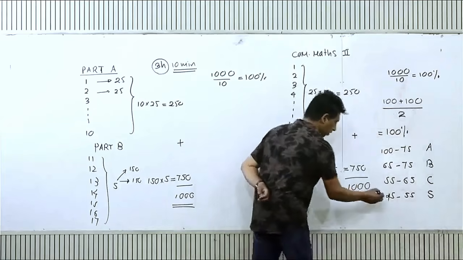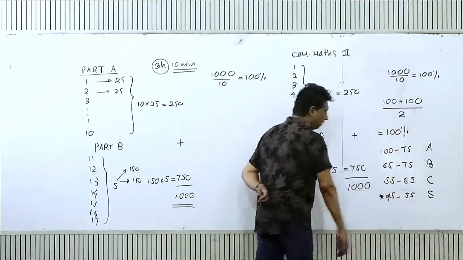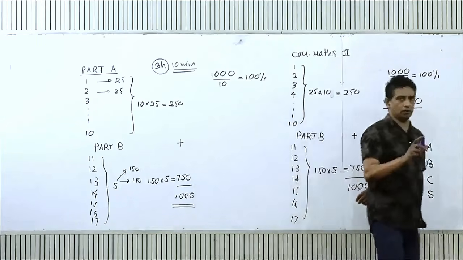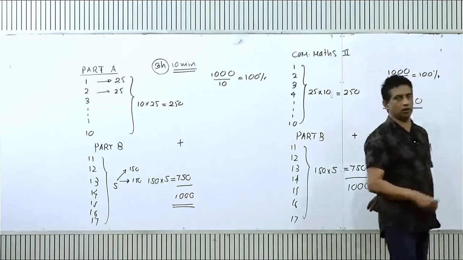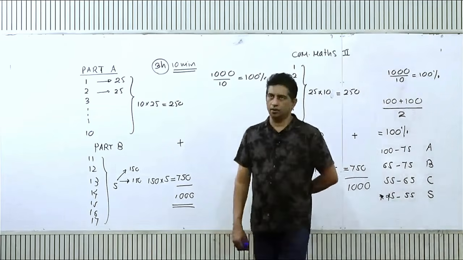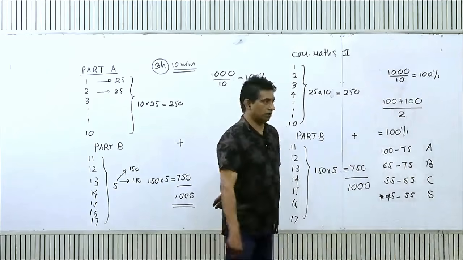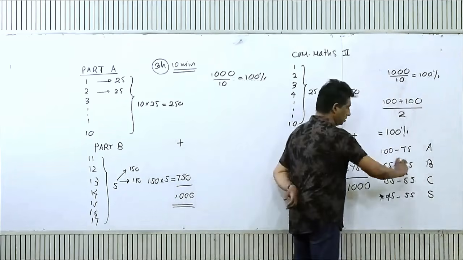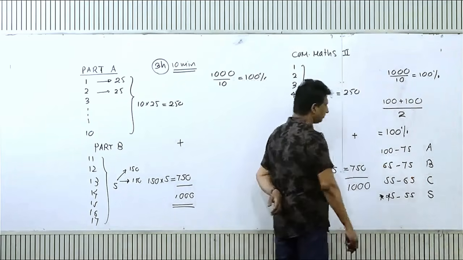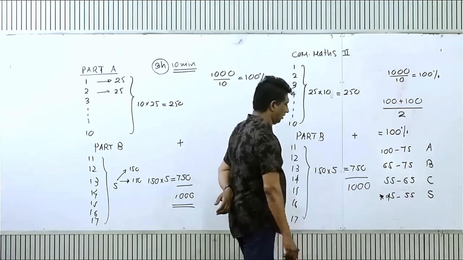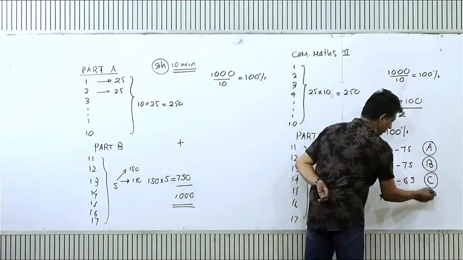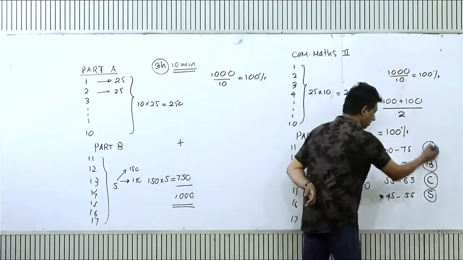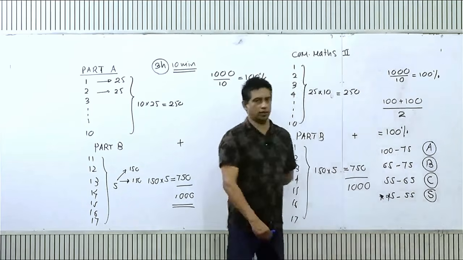But this 45 mark changes somewhat from year to year, right? Some years 42, 43, 40, 38, like that it is changing. But normally the other ranges are fixed, right? These are the grades they give for this subject. Not only this subject, chemistry and physics are also the same, right?